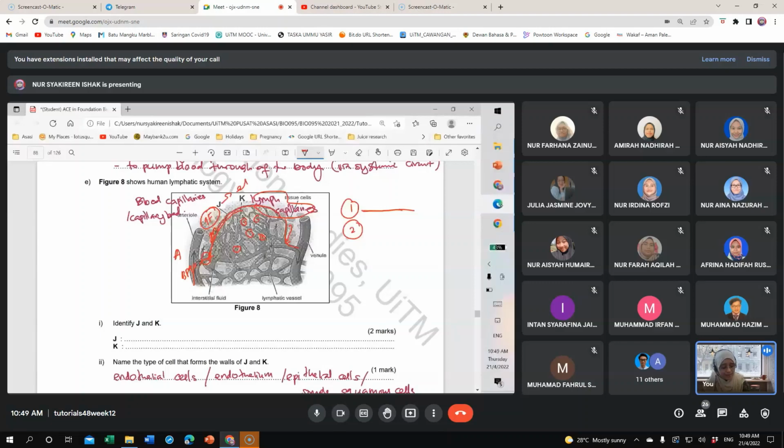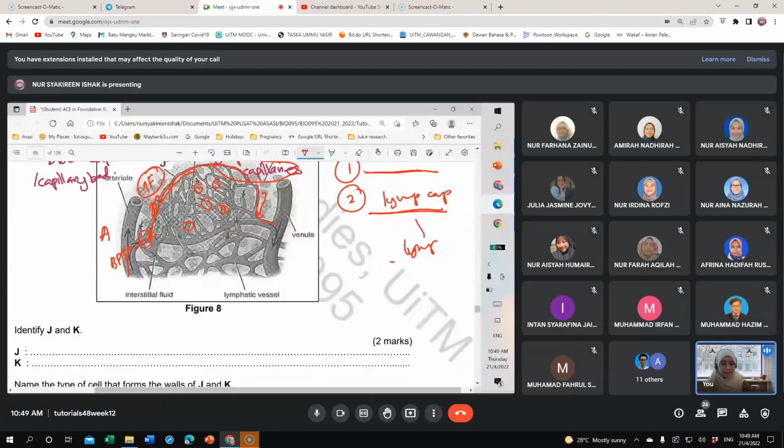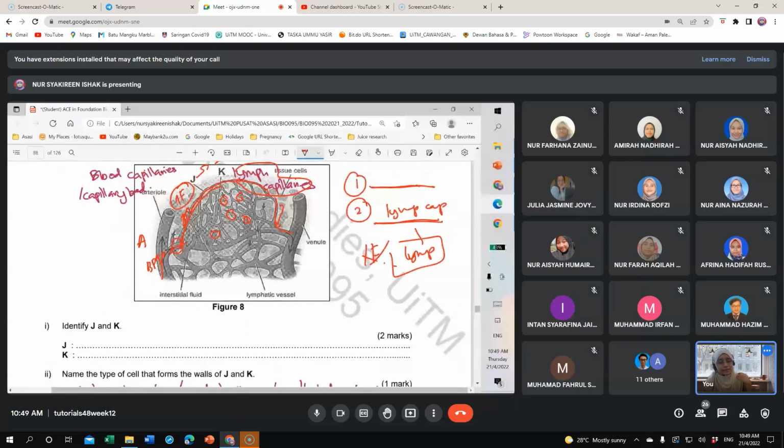Nanti kalau dia masuk dekat lymph capillaries, kan? So dia akan it forms lymph. So kita tak panggil dia interstitial fluid dah, kita panggil dia sebagai lymph. Okay. So the lymph then will enter back to your blood circulation at the shoulder area. Dia akan join dekat right and left subclavian vein tu. Okay, right?